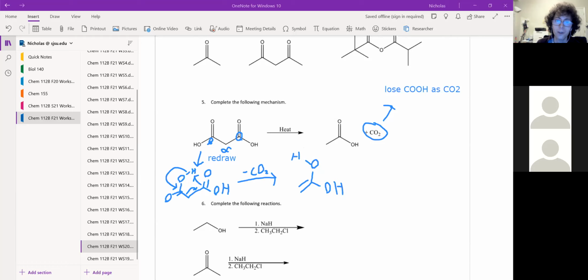And after you do all of that, what you form is an enol. And remember, enols can do tautomerization. They have an equilibrium with the carbonyl form. So that's what's going to happen next. It's just going to do tautomerization and go back to the carboxylic acid form.